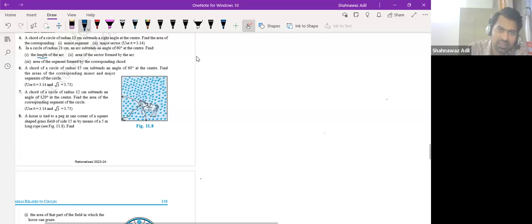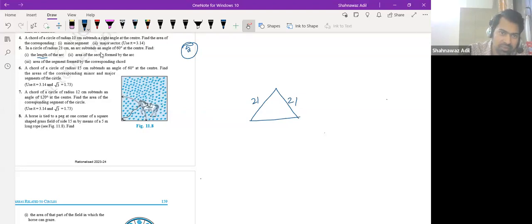Okay, so the next question, the fifth one. In a circle of radius 21 centimeters, an arc subtends an angle of 60 degrees at the center.